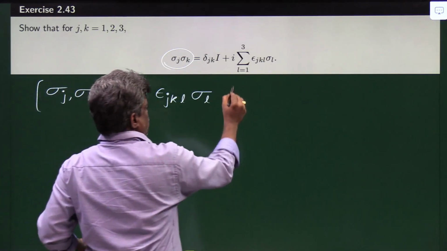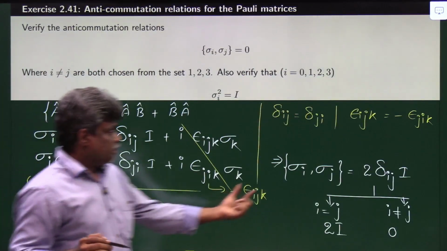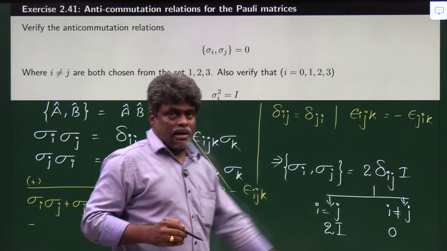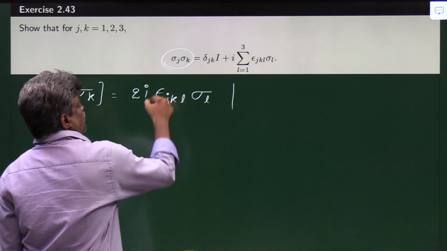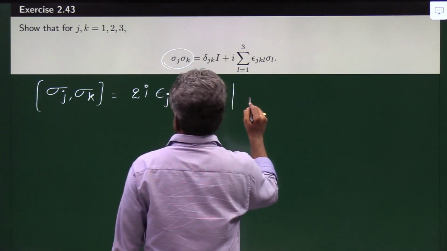And just recently, in the earlier problem, the anti-commutation relation is nothing but 2 Kronecker delta. So the commutator contains the Levi-Civita symbol and the anti-commutator contains the Kronecker delta.